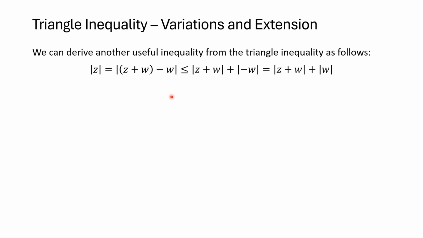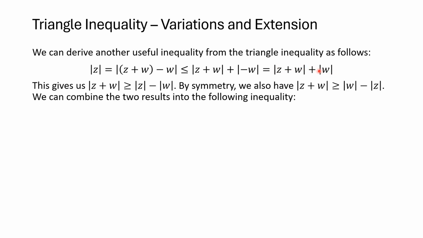In this slide, we're going to look at additional variations on the triangle inequality. The first one is we take the modulus of z, we write it as z plus w minus w, and we group the z and the w together, and then we apply the second form of the triangle inequality to this, and we get that it's less than or equal to the modulus of z plus w plus the modulus of minus w, which is equal to the modulus of z plus w plus the modulus of w.